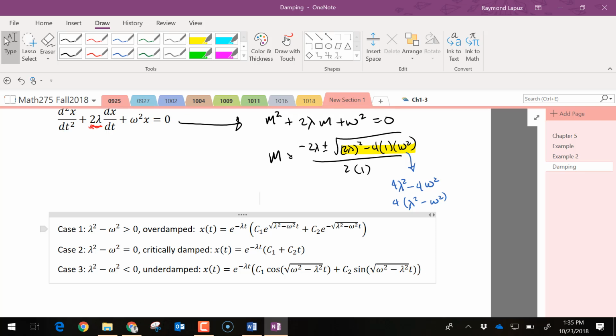And they call that overdamped. So these exponential functions will dampen your system right away.